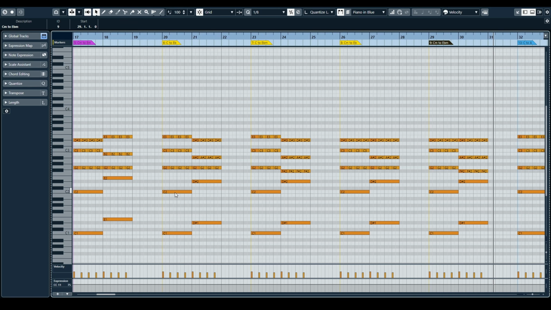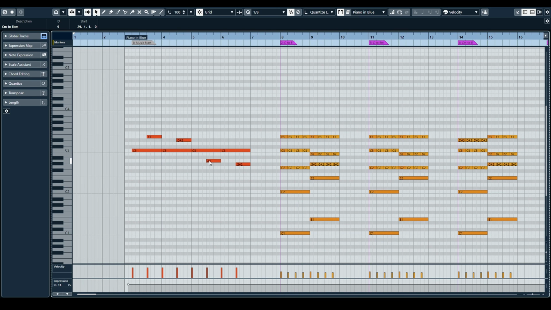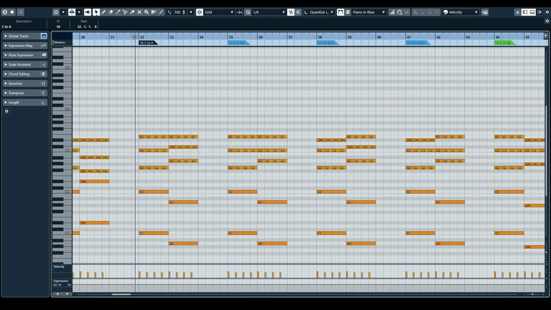Now, what happens when we go down? Because the next example is C to A. So we're starting again, C major to A major. Sounds like this. And then same principle, I'm going to speed it up a little now because we get it now.